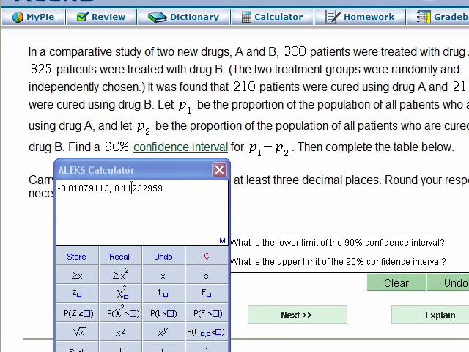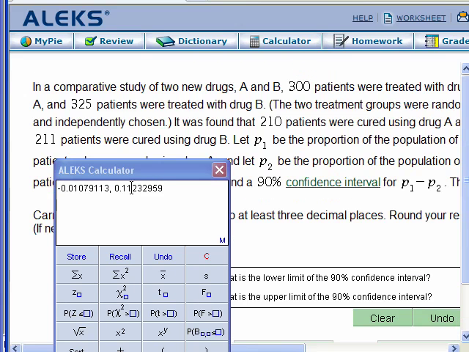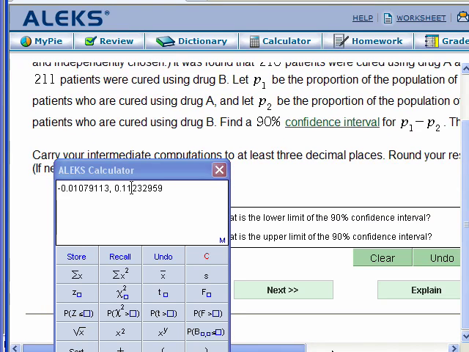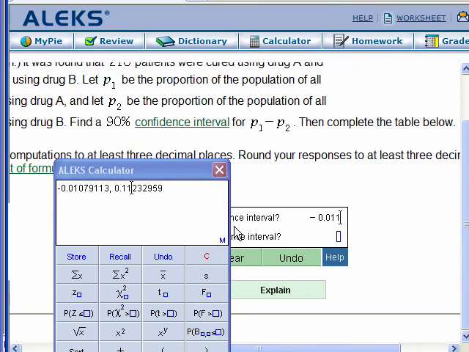So we have a negative 0.011, and then we also have a positive 0.112.